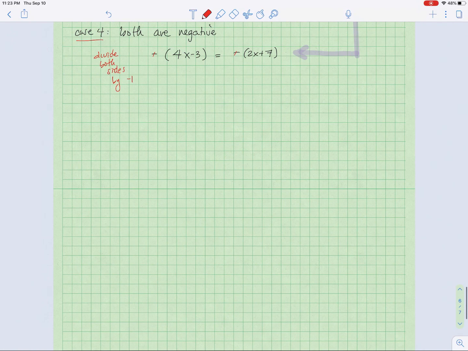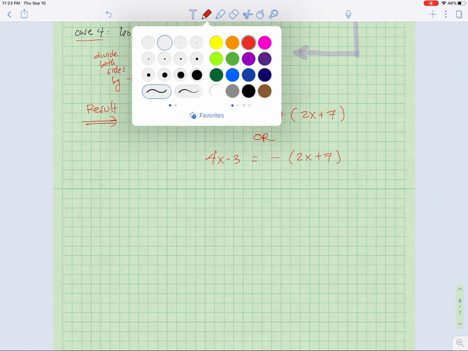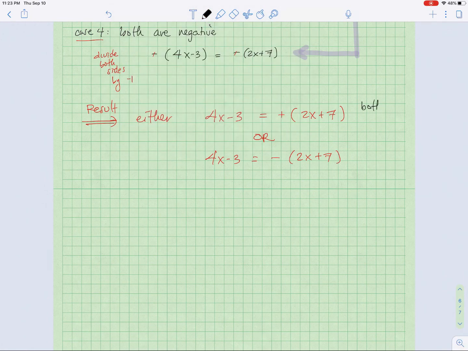So what this boils down to is, for a result, either 4x minus 3 is equal to the positive version of 2x plus 7, or 4x minus 3 is equal to the negative version of 2x plus 7. That is to say, both sides have the same sign or they have opposite signs. Those are the only two possibilities.